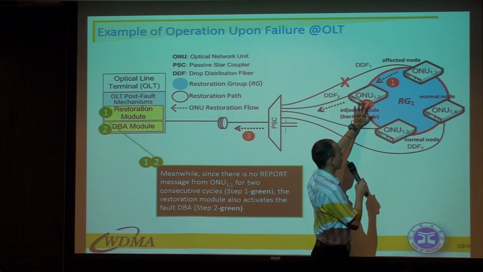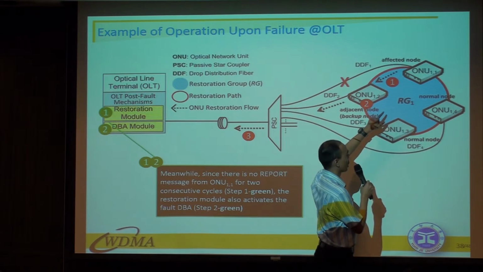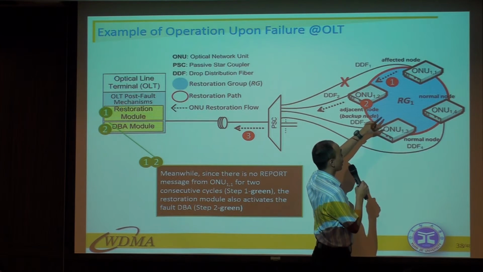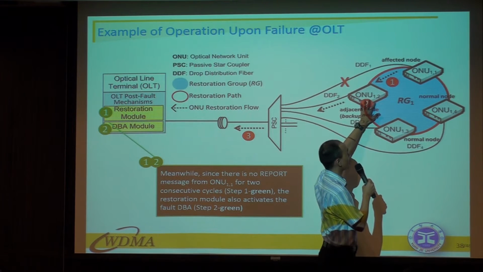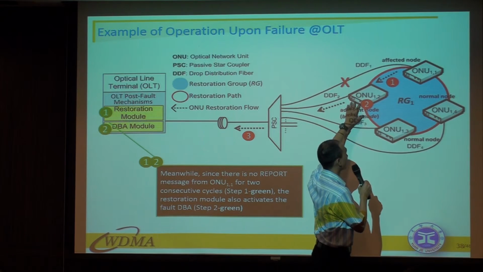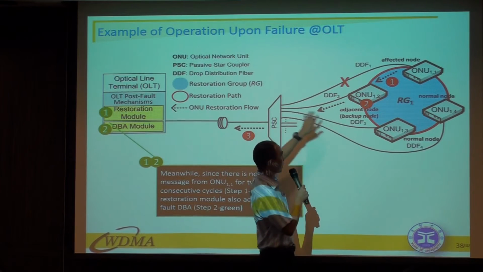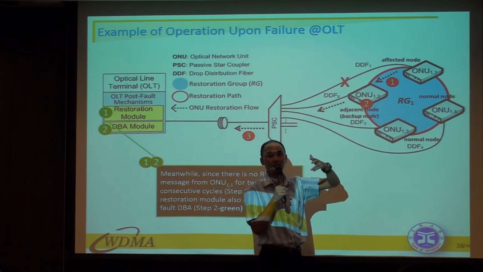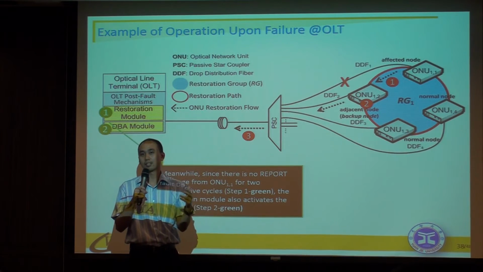adjacent node, because this adjacent node needs to handle the affected node's data. It means that we have many problems or many drops in this particular ONU. This particular ONU will become the hotspot, and I just showed the results about the overall delay.